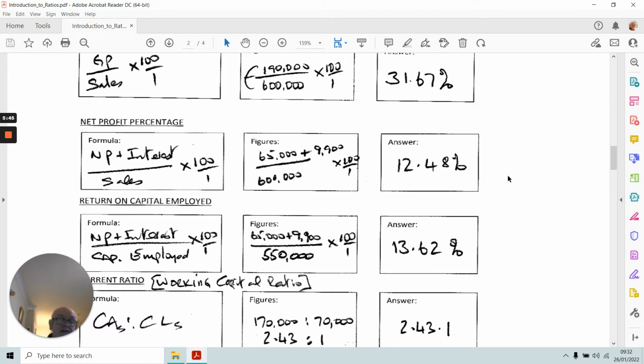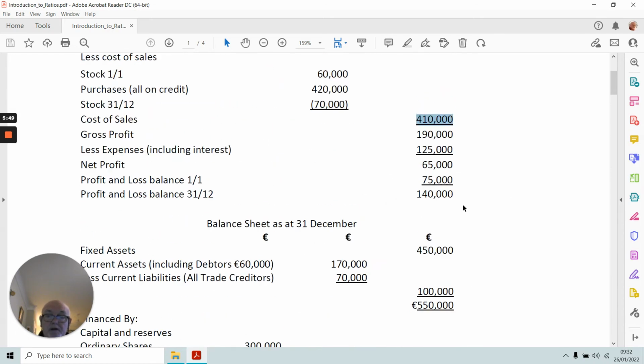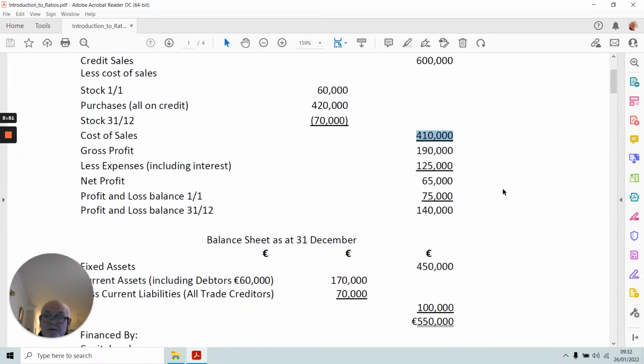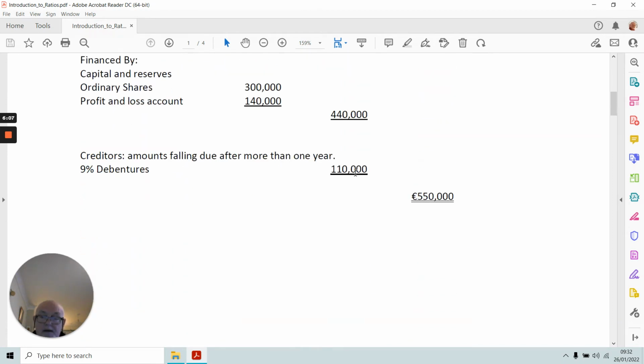The net profit is 65,000 if we go back looking at our original abridged profit and loss account, or shortened profit and loss account. Our net profit is 65,000. But that's after all expenses, and we want the net profit before interest, so we must add the interest back to it. Now there's no mention of how much interest is in the expenses, but we do know that the company has €110,000 worth of debentures, the annual charge on which is 9% for interest, so that's 9,900.